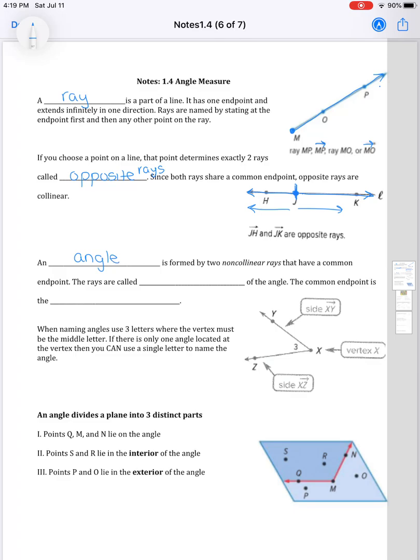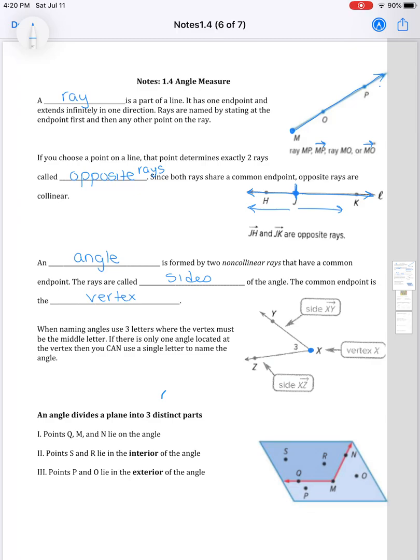An angle is formed by two non-collinear rays that have a common endpoint. The rays are called the sides of the angle, and the common endpoint is the vertex.